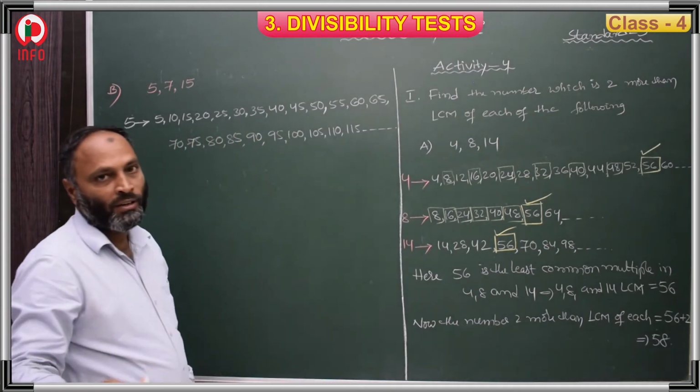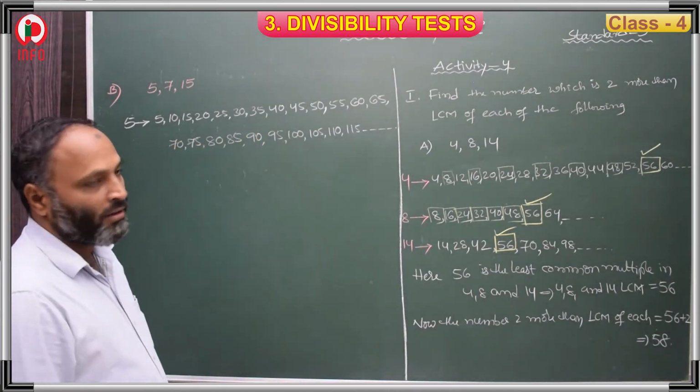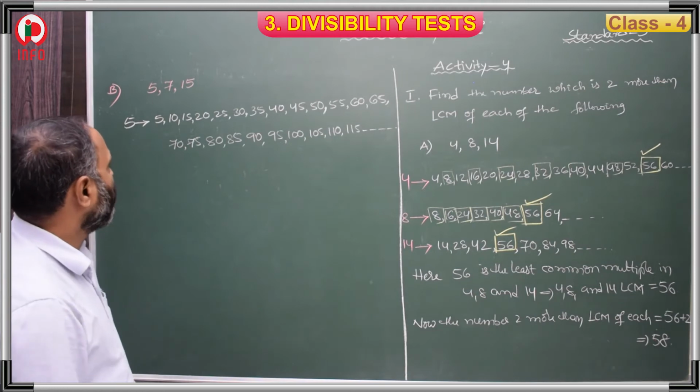We have to increase by 5 each time, because this is our 5 table.